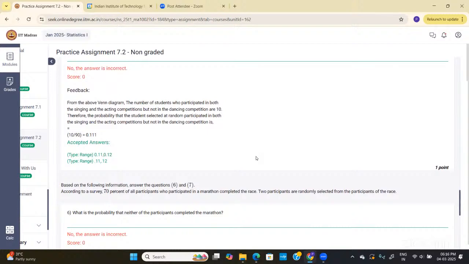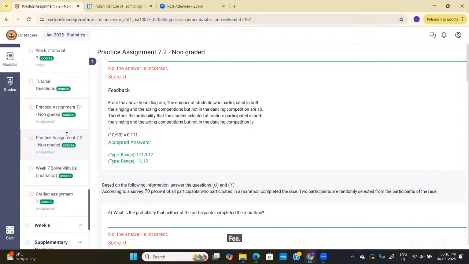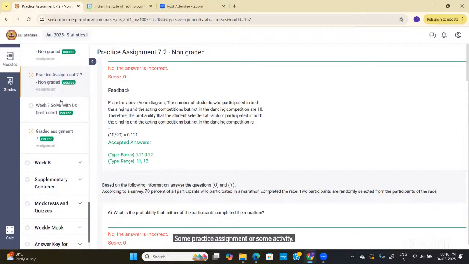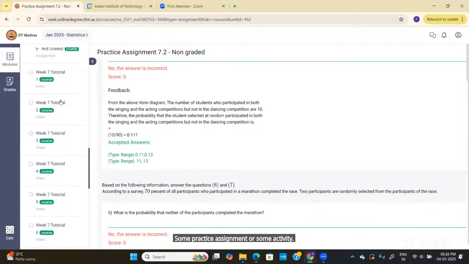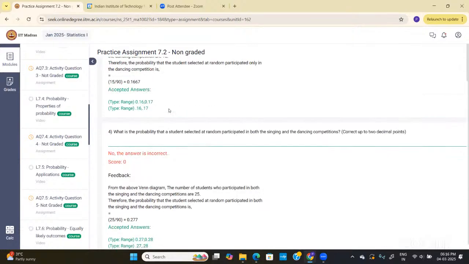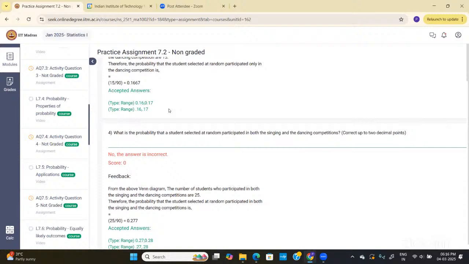Any other doubt from this session? From practice assignment or from activity? No one has any doubt?